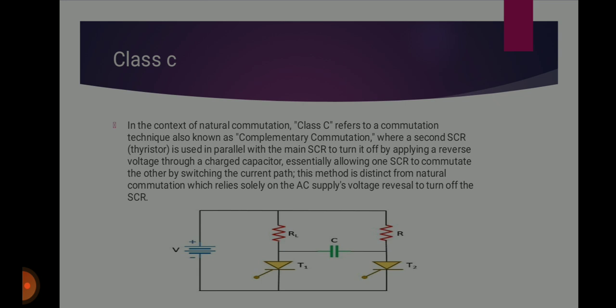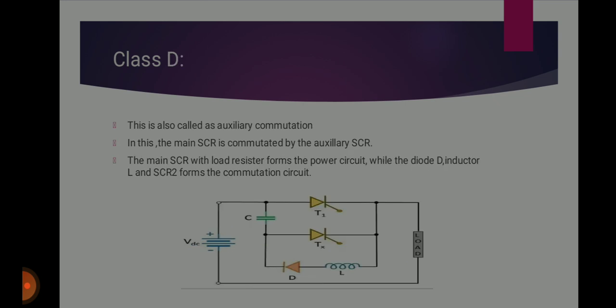This method is distinct from natural commutation, which relies solely on the AC supply voltage reversal to turn off the SCR. Then class D, also called auxiliary commutation.